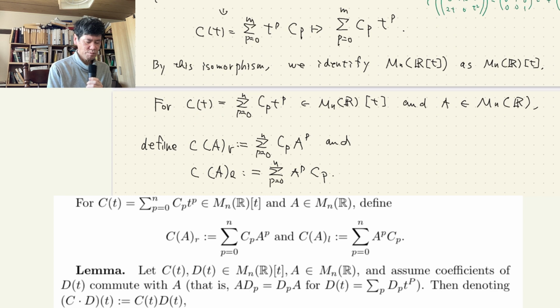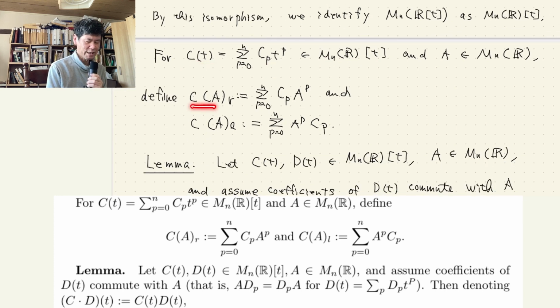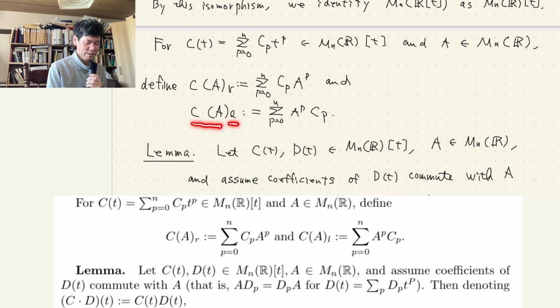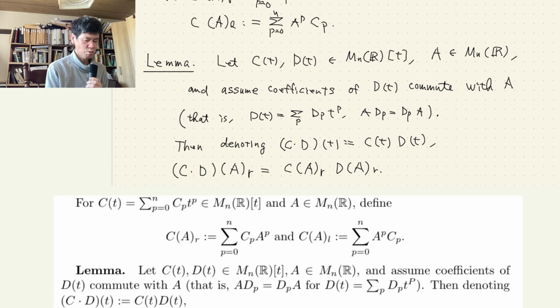Let C of t be the summation of C_p times t to the p, which is a polynomial whose coefficients are matrices. Define C of A right to be the summation of C_p times A to the p, and define C of A left to be the summation of A to the p times C_p. We have the following lemma.